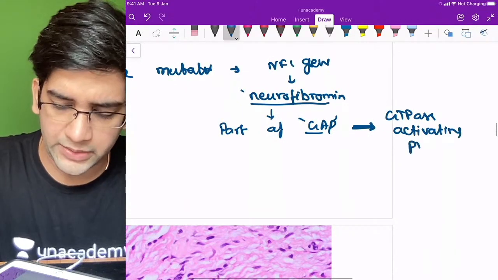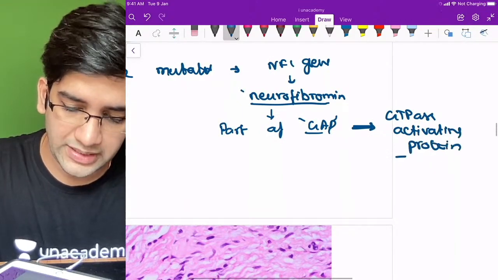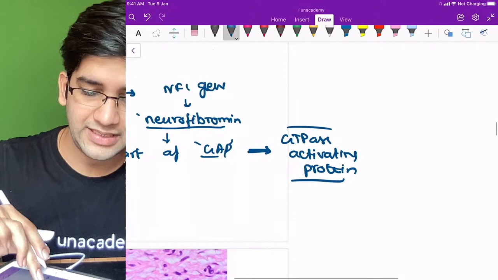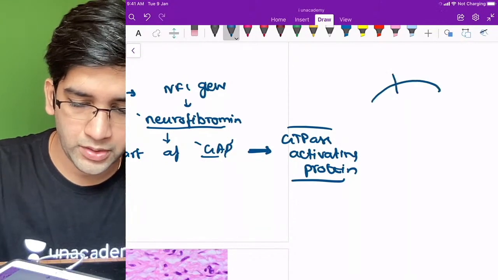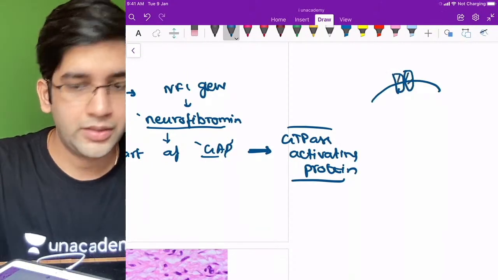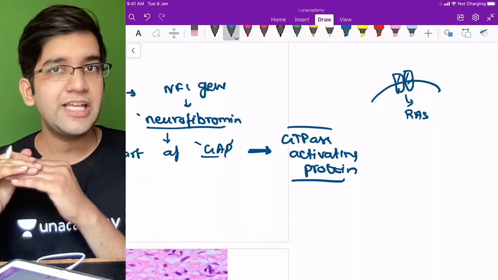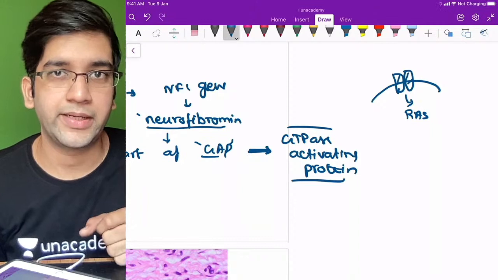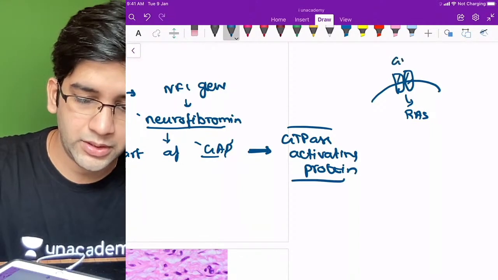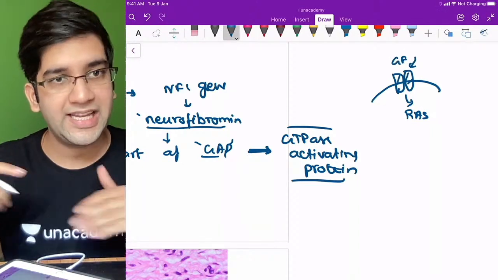So, GTPase activating protein. In the normal function of GAP, let's assume I'm having a receptor, some XYZ receptor. The downstream pathway of this receptor is RAS. Generally, RAS will be in an inactive state. Only when a growth factor binds to the receptor will RAS become active.